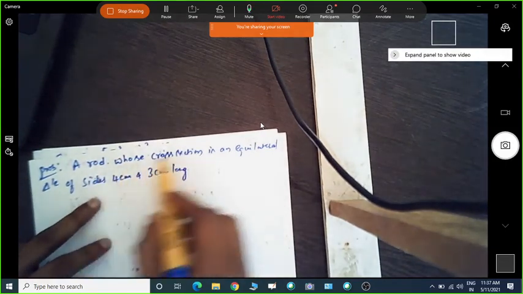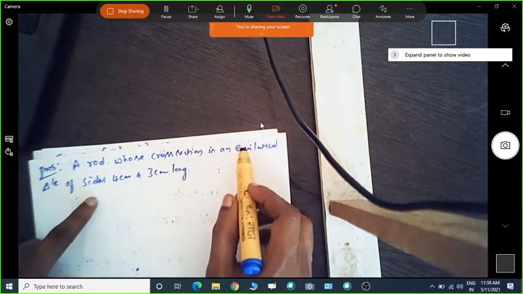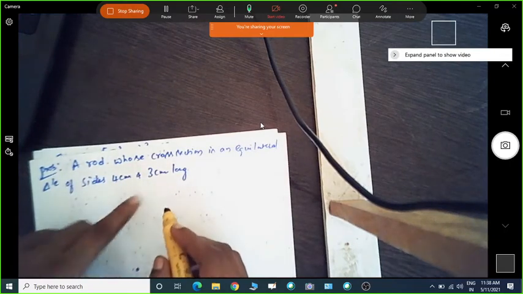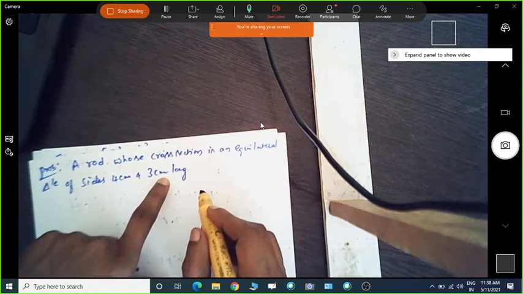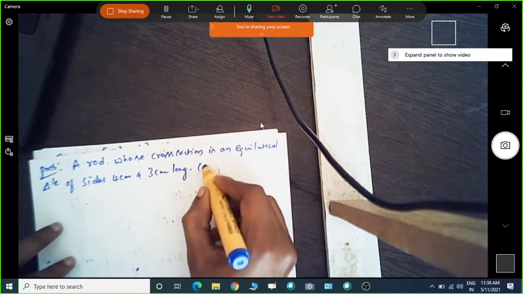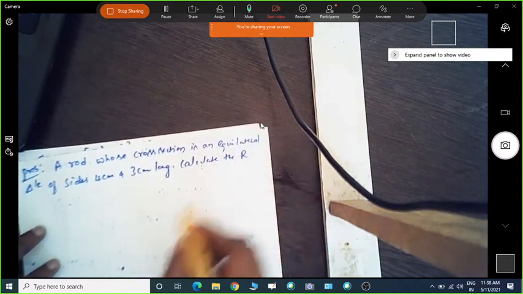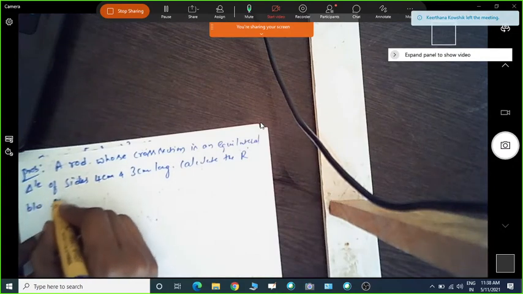So a rod which has a cross section in the form of an equilateral triangle of sides equal to 4 centimeter, and the rod is 3 centimeter long. Now we need to calculate the resistance, that is R, between the ends of the rod.